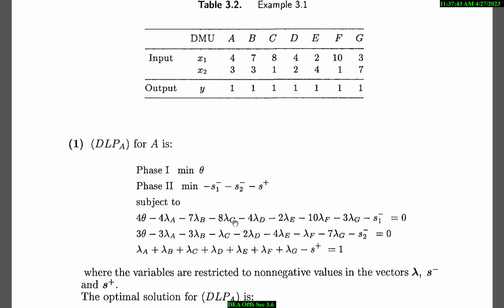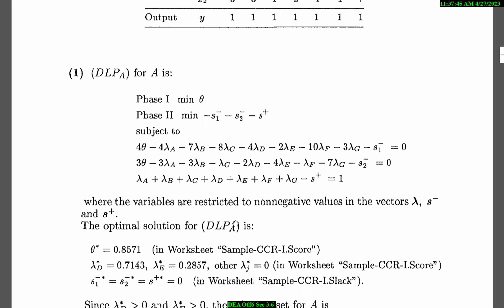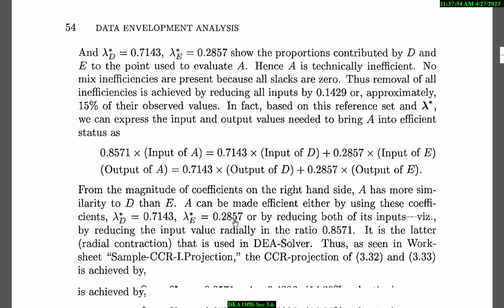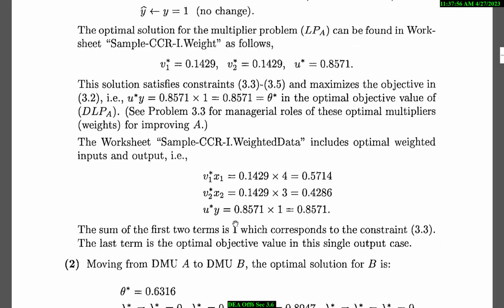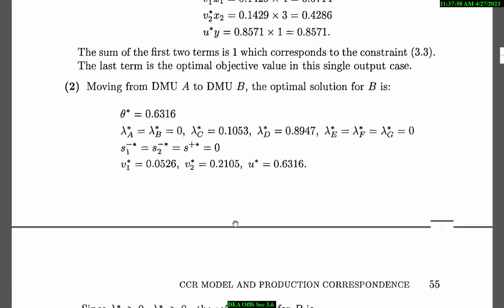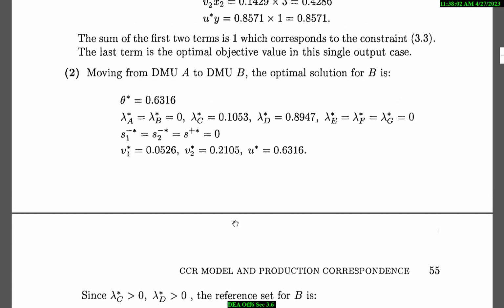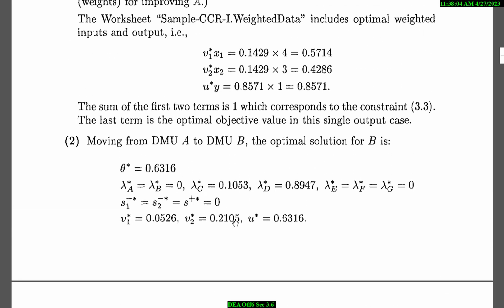This is also a two-phase linear programming model and can be solved by the LP solver, but here it is solved by a special solver of the CCR, the worksheet sample CCR1.